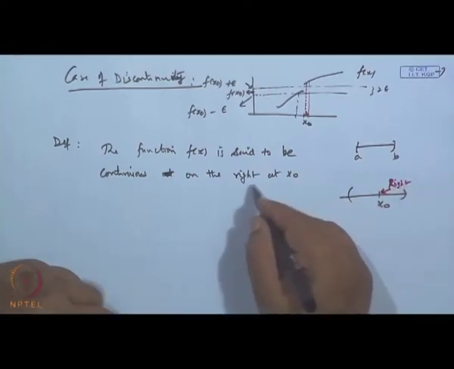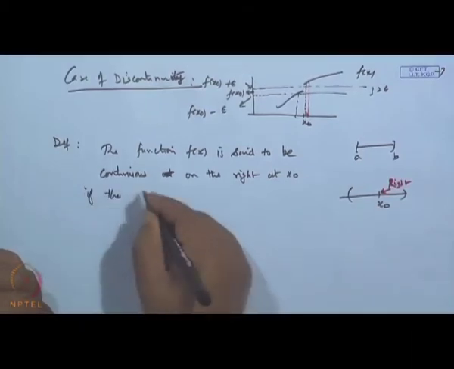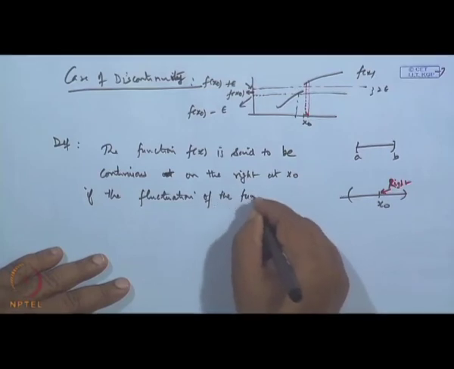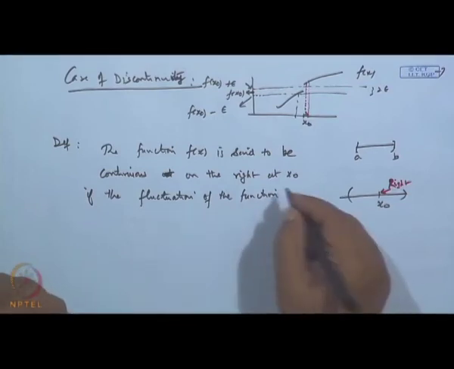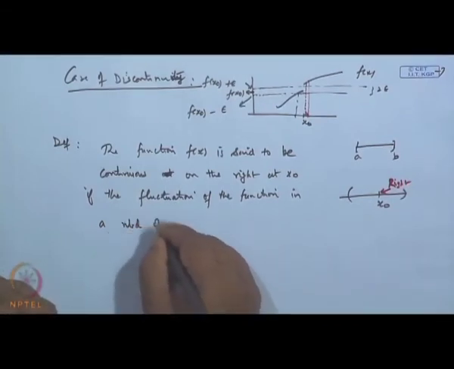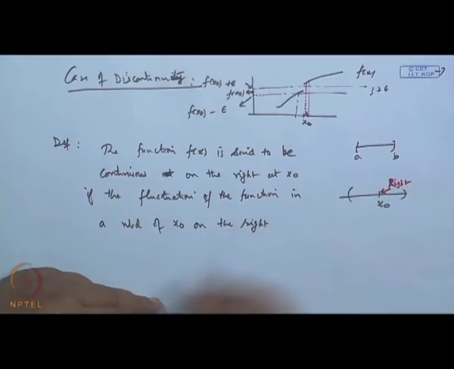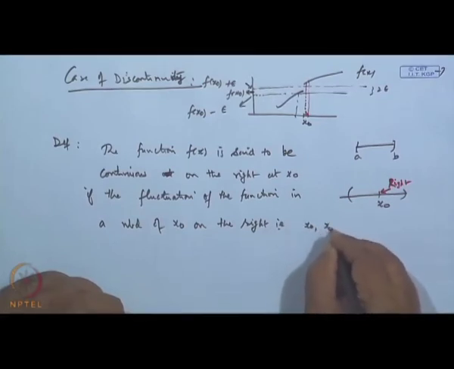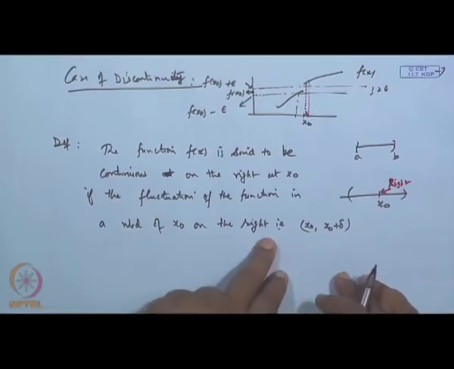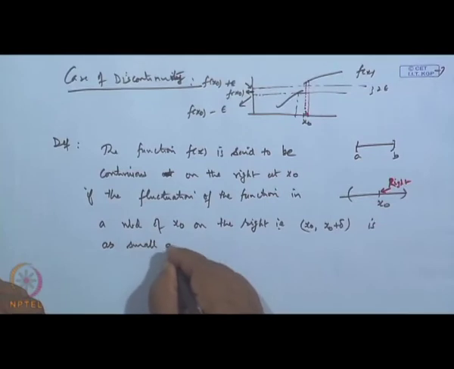A function is said to be continuous on the right if the fluctuation of the function in a neighborhood of x naught on the right, that is x naught plus delta, is as small as we please.